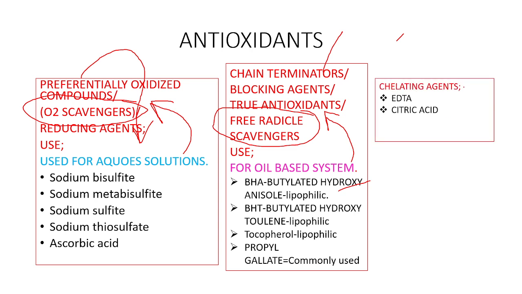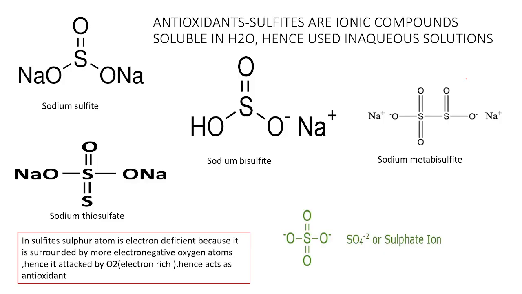Next one is chelating agent. It will inhibit the oxidation carried out with the help of metals, like EDTA and citric acid. Next one is examples of antioxidants we have discussed. Sodium sulfate. See, in sulfate, the sulfur normally forms bonds with 4 oxygen atoms.